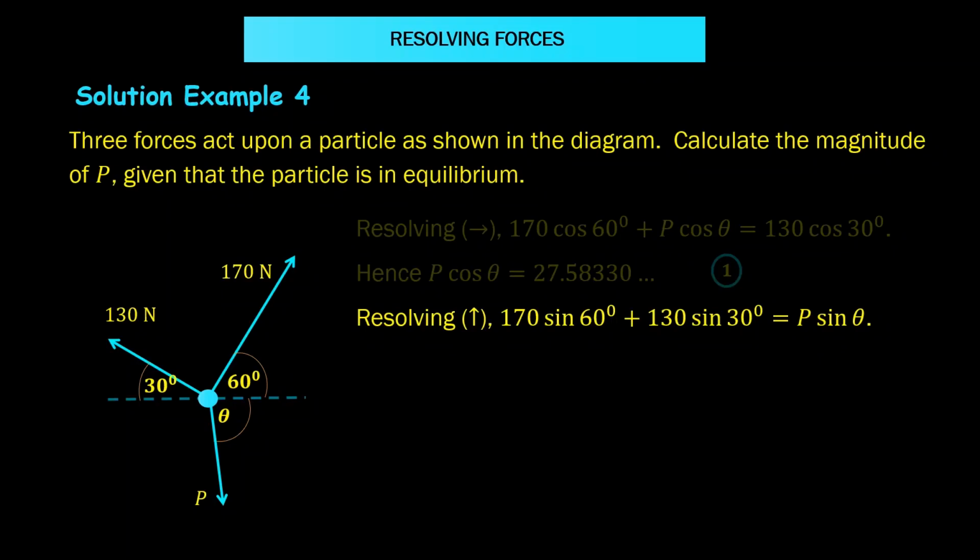Now let's resolve vertically. In the part above the x-axis, we have, with the 170 Newton force, 170 sine 60 degrees, plus, now for the 130 Newton force, 130 sine 30 degrees, and this is going to equal P sine theta, as this part is below the x-axis.